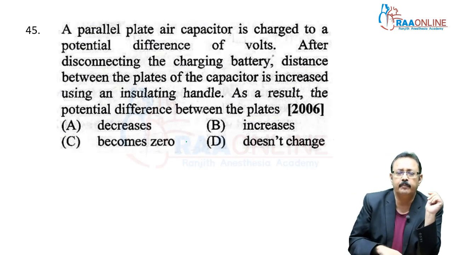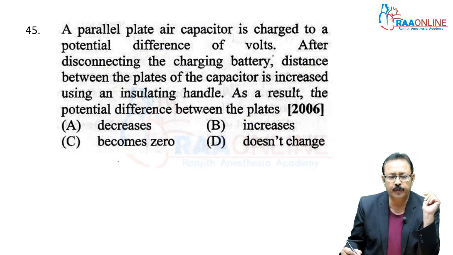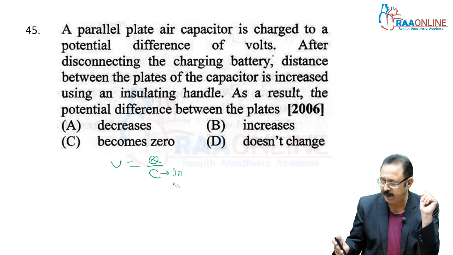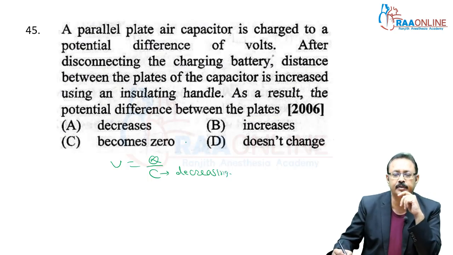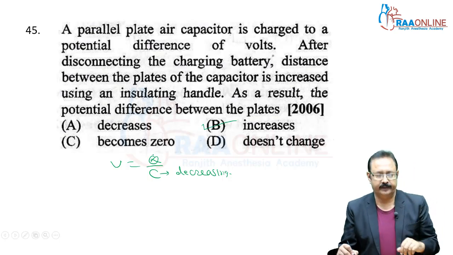The potential difference between the plates, you know V is Q by C. Q is constant, you are decreasing C. So the ratio will increase. So we will go with option B.